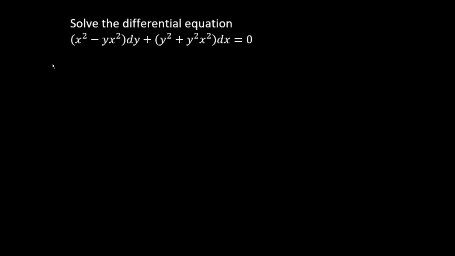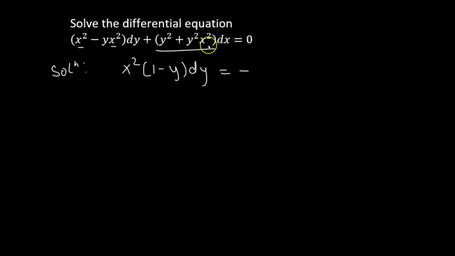Problem number 6. So let's solve this differential equation. We begin by rewriting the differential equation as x squared times 1 minus y dy. So we have taken x squared as the common factor, plus let's take this second term to the right hand side.